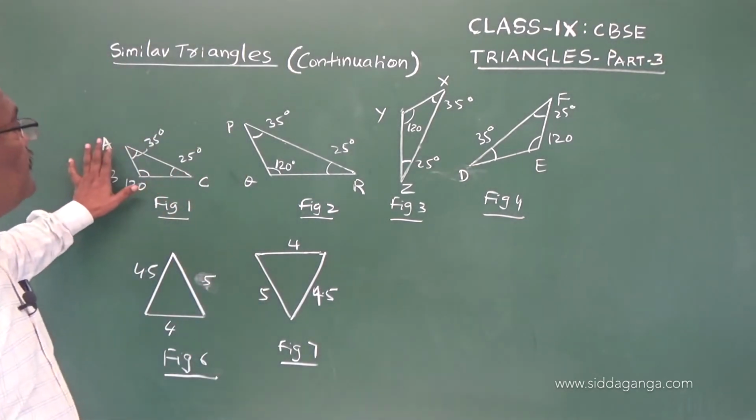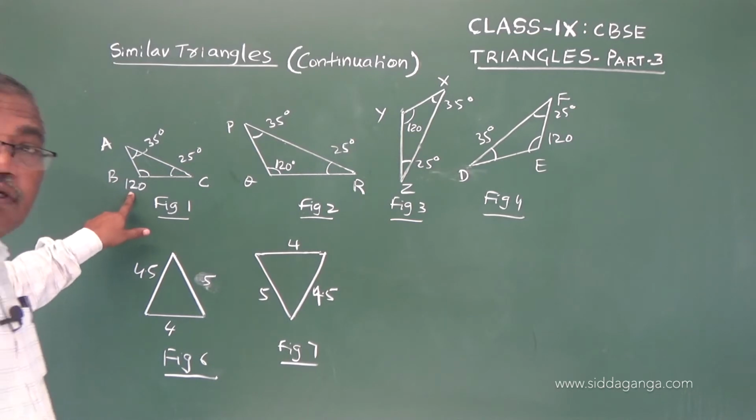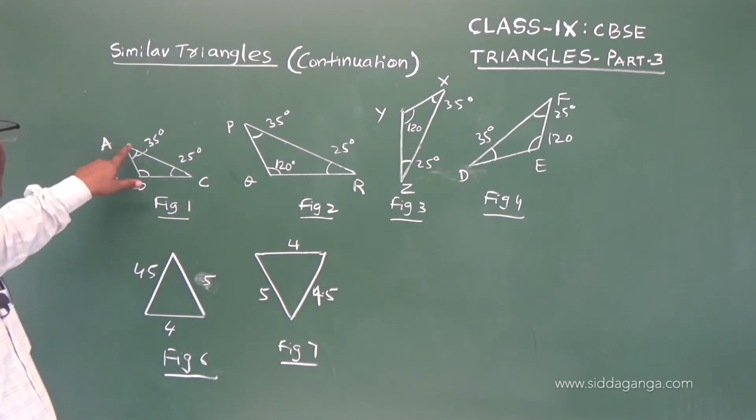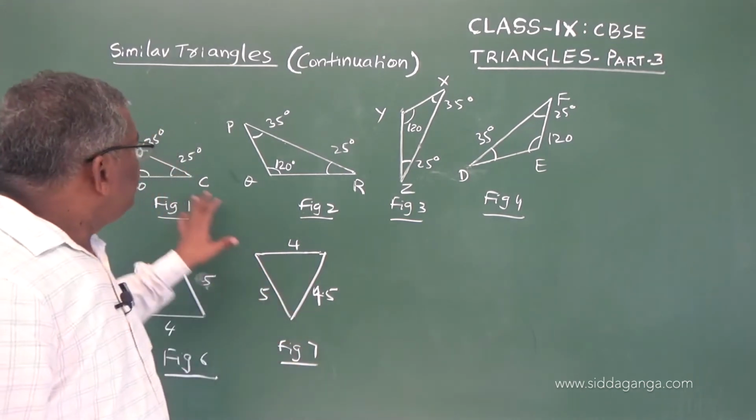Now, from this, what you have to observe and understand. Look at these figures. In triangle ABC, angle B is 120 degrees, angle A is 35, angle C is 25 degrees.